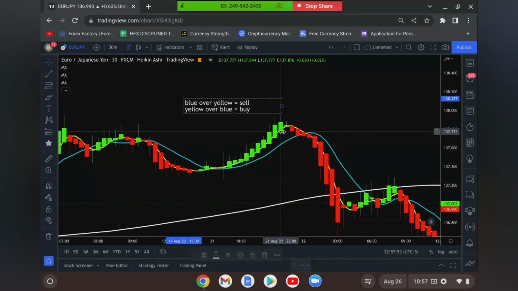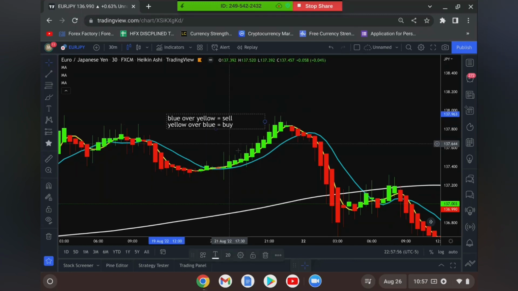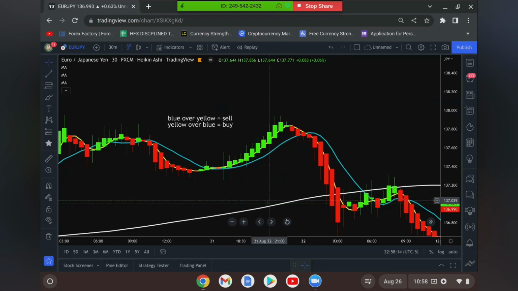All right, you guys, it's literally just that simple, okay? Blue over yellow, sell. Yellow over blue, right here. Yellow over blue, buy.